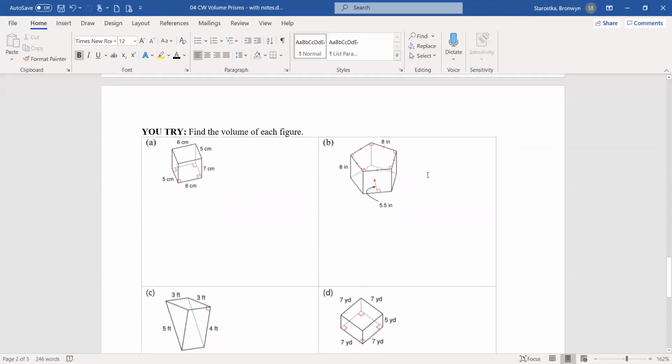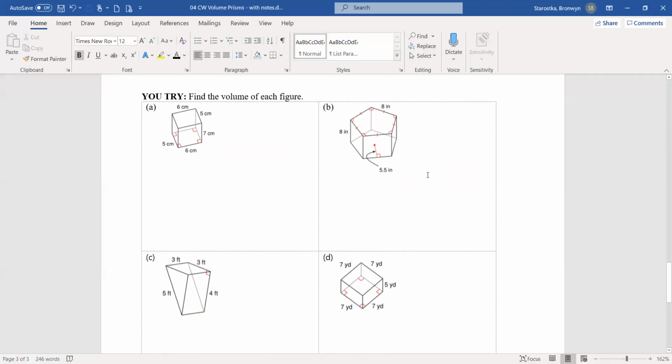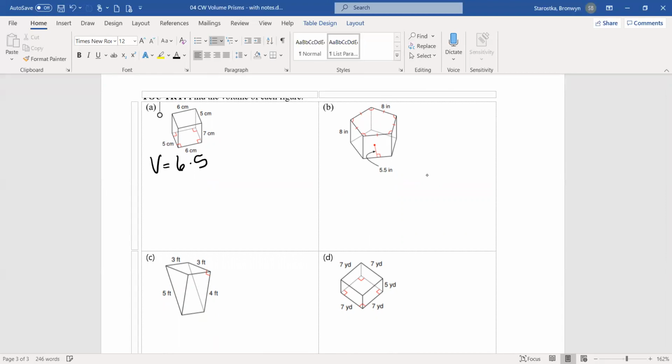Okay, we're going to find the volume of these 4 shapes here. We've got a rectangular prism there. Looks square, but it's a rectangular prism. So the volume, area of the base, times 5. How do we do this again? Volume, 6 times 5.